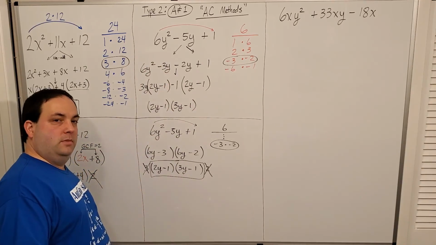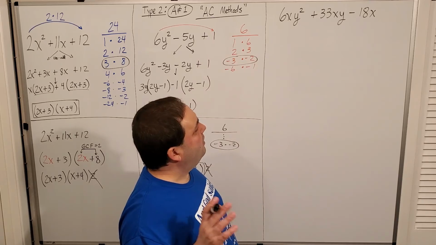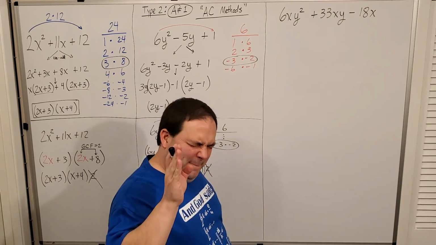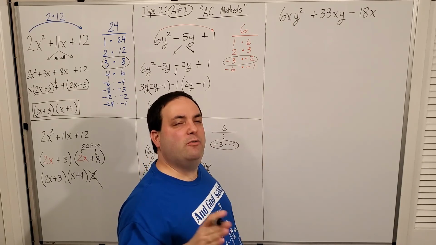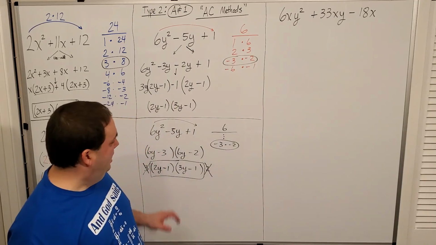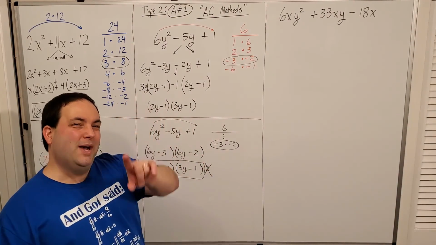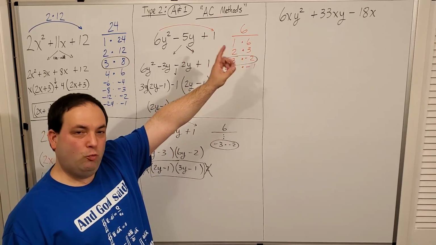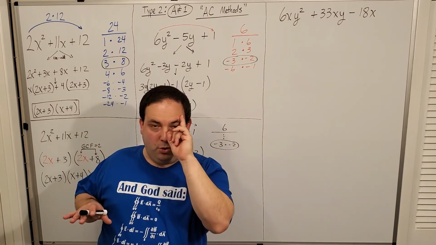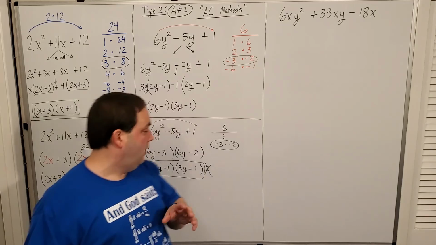Now, the next one you have to be ultra careful with. Okay? There is a GCF this time. You must take that GCF out first for many reasons, okay? But especially if you're going to do this method that I use most of the time, you must get the GCF of the original problem out first and set it aside, and remember that it is part of the answer, that you do not throw it away, okay?